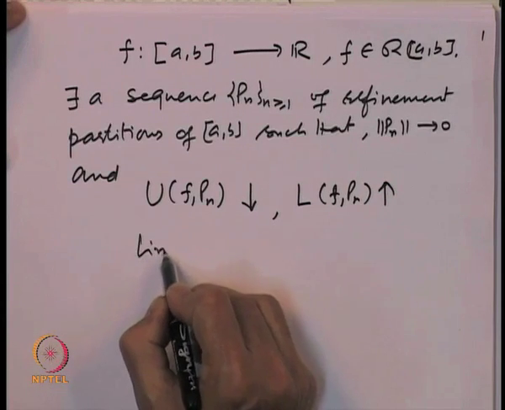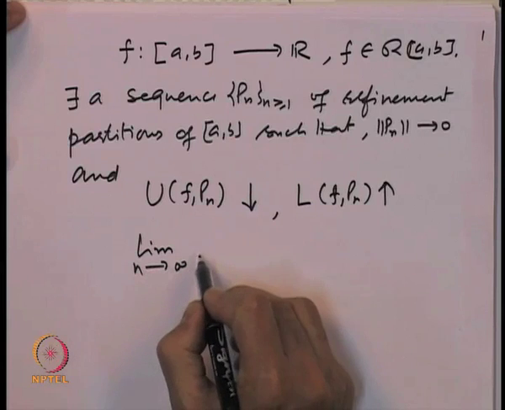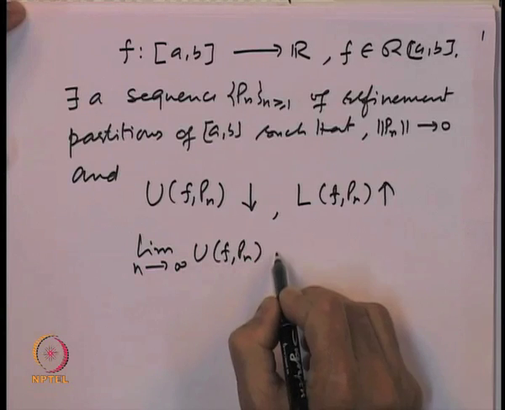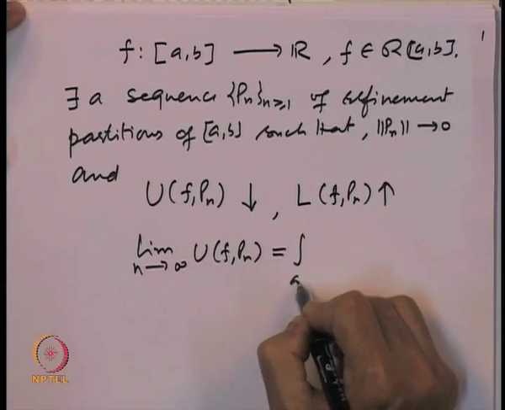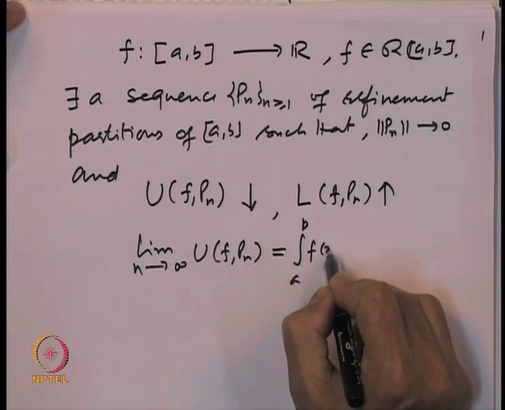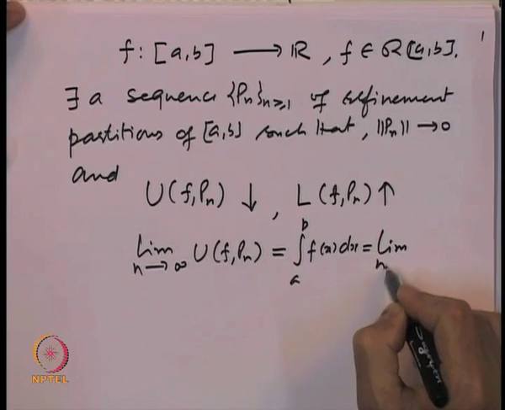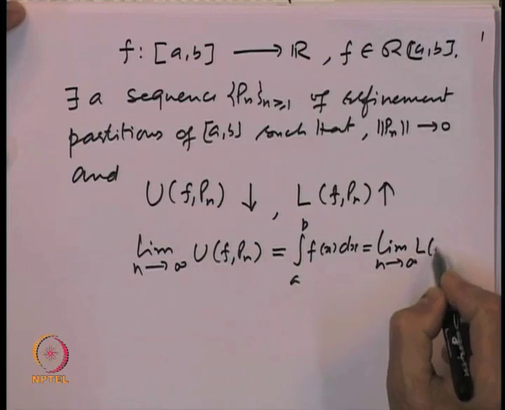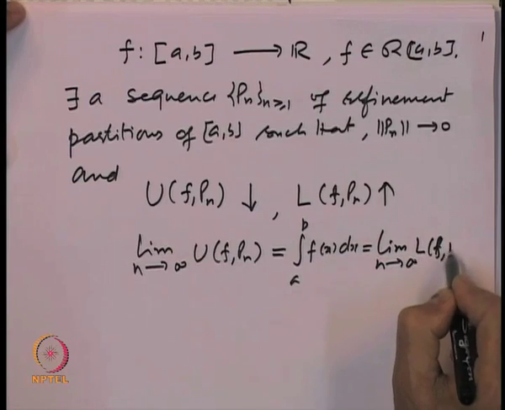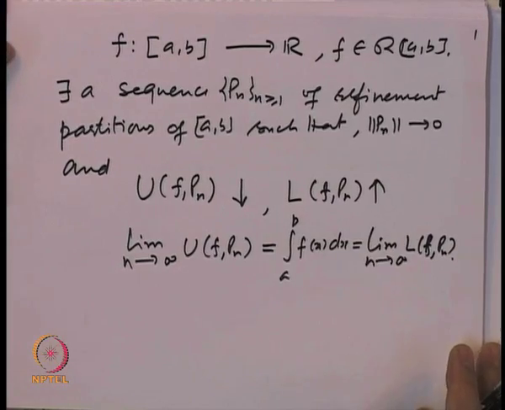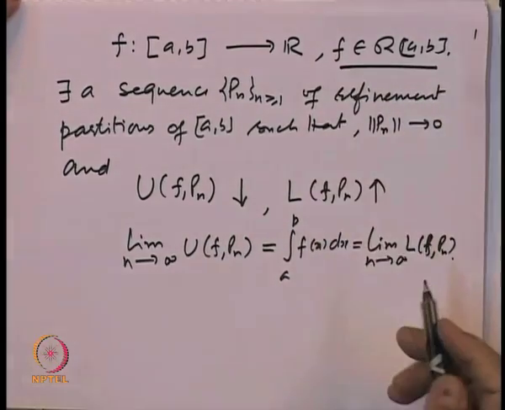So, limit n going to infinity of upper sums is the same as the Riemann integral of f, and that is the same as the limit of the lower sums. This is because f is Riemann integrable.